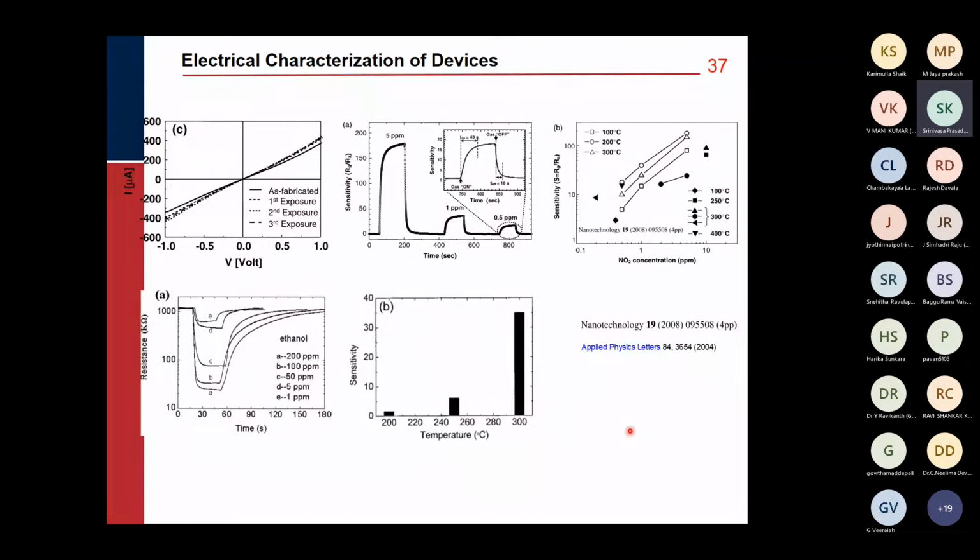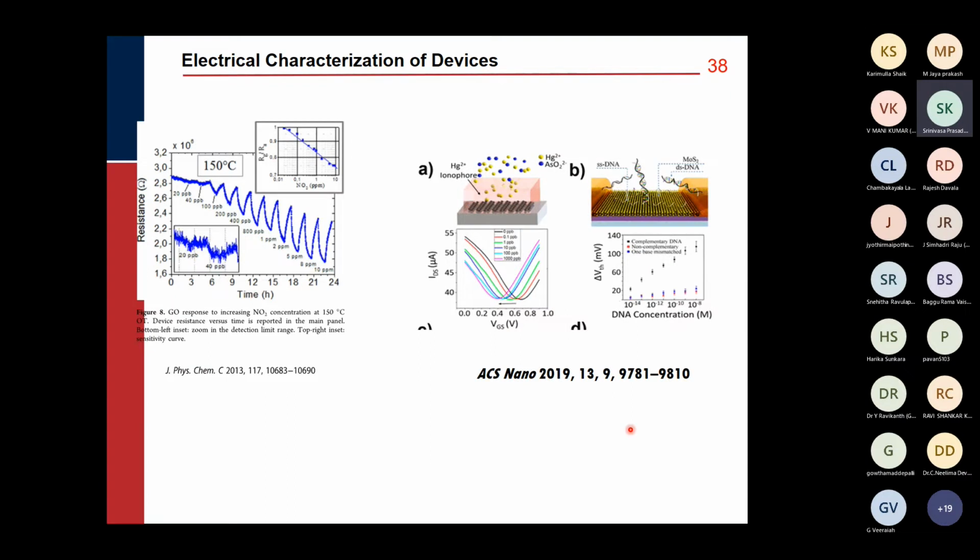So there are different factors. Of course, you can collect the data through electrical characterization, but you have to do the analysis in order to find out whether this is a good thing or a bad thing, etc.